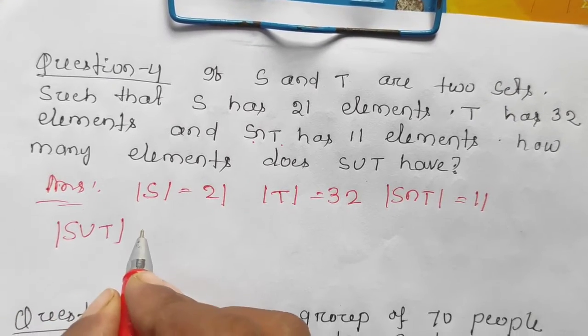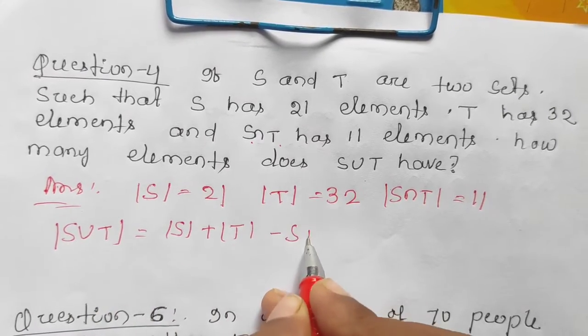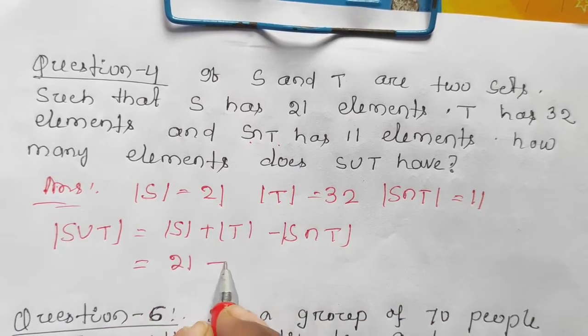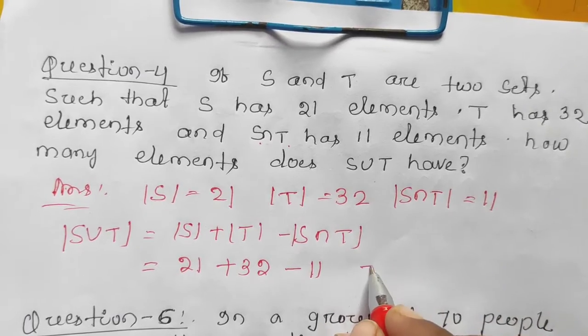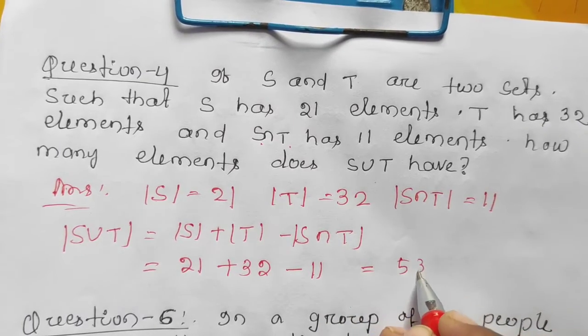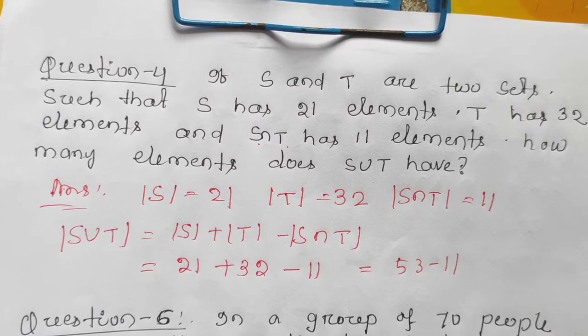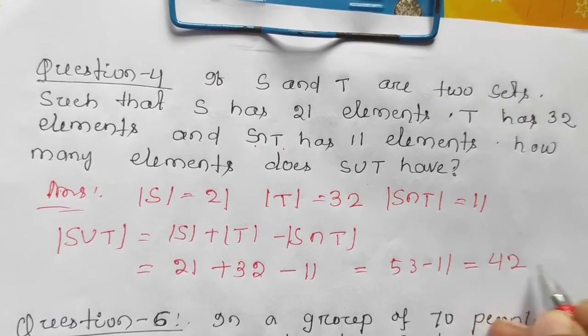We know that S union T mod is equal to S mod plus T mod minus S intersection T mod. This implies that 21 plus 32 minus 11. 21 plus 32 is 53, minus 11 is equal to 42.